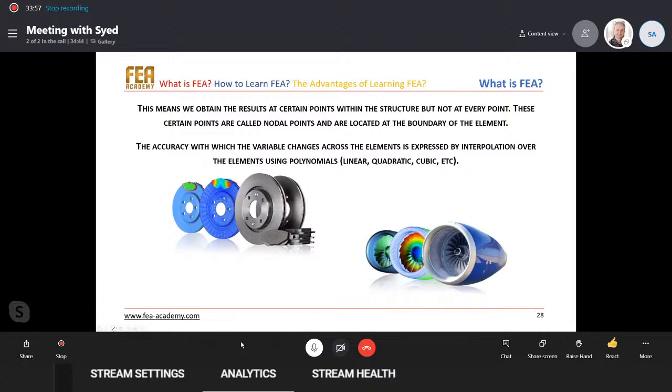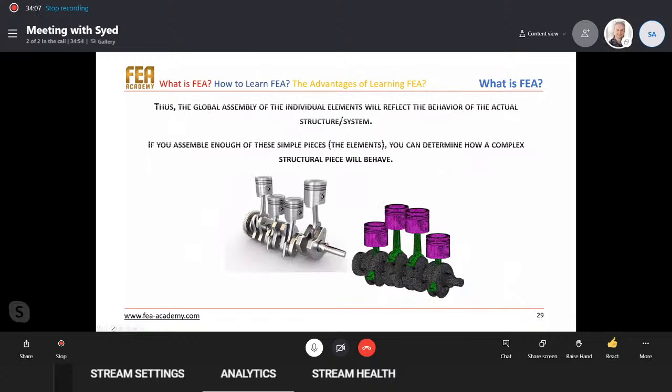They can be linear, quadratic, or cubic. So the global assembly of the individual elements will reflect the behavior of the total structure. So if you assemble enough of these simple pieces, the elements, you can determine how a complex structural piece will behave.